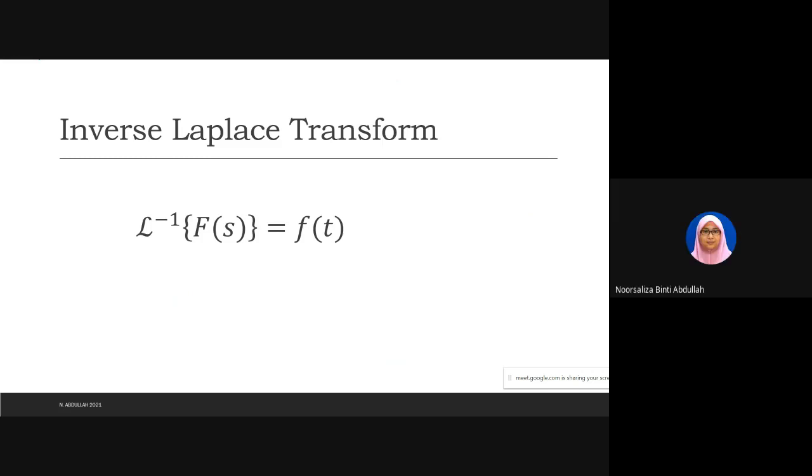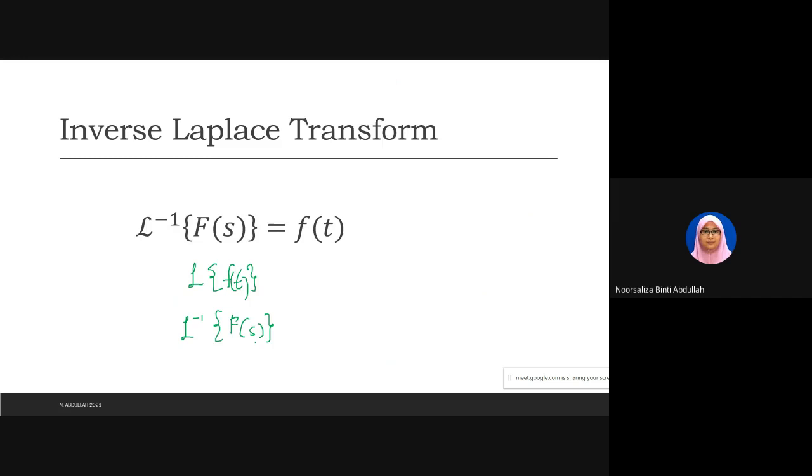Okay. So for inverse is, you can write like this, okay? Okay, so you have a -1 here. So we automatically understood that this one is an inverse for Laplace transform. Okay, so this one, okay, is a Laplace transform. If you have this one, okay, is a inverse Laplace transform.